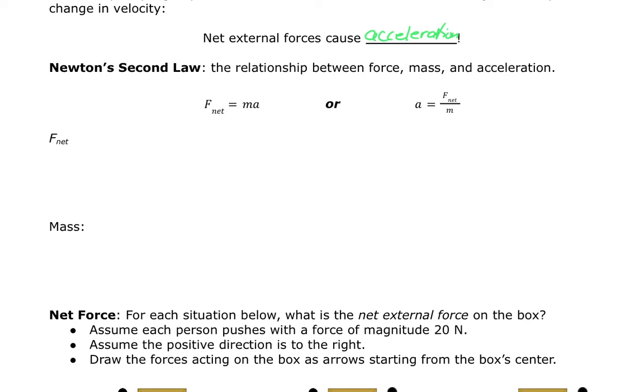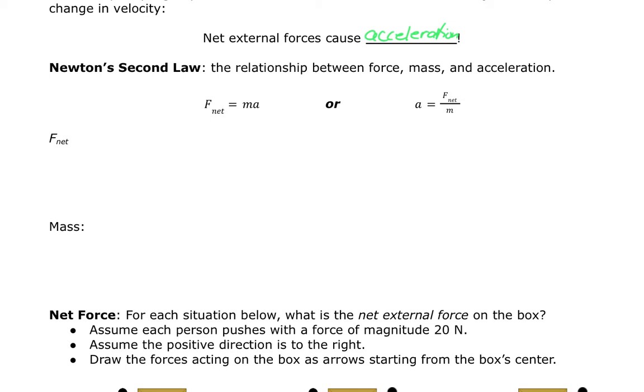So Newton's second law says that the net force acting on an object, and we talked about net, that just means total, so the total force. So we have to look at the total force acting on an object. That equals the object's mass times its acceleration. So if we look at just the same equation rewritten, we know that acceleration is given by the net force acting on the object divided by its mass.